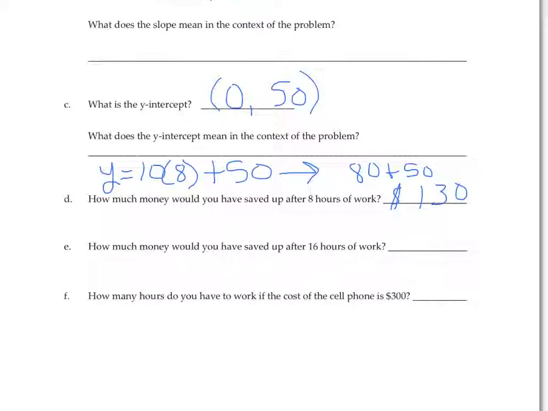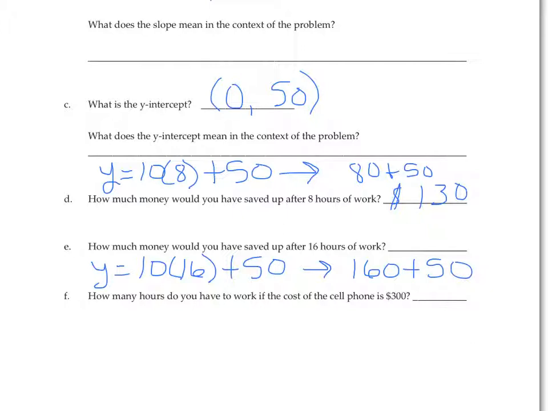How much money would you have saved up after 16 hours of work? So y equals 10 times 16 plus 50. That gives us 160 plus 50 makes 210.